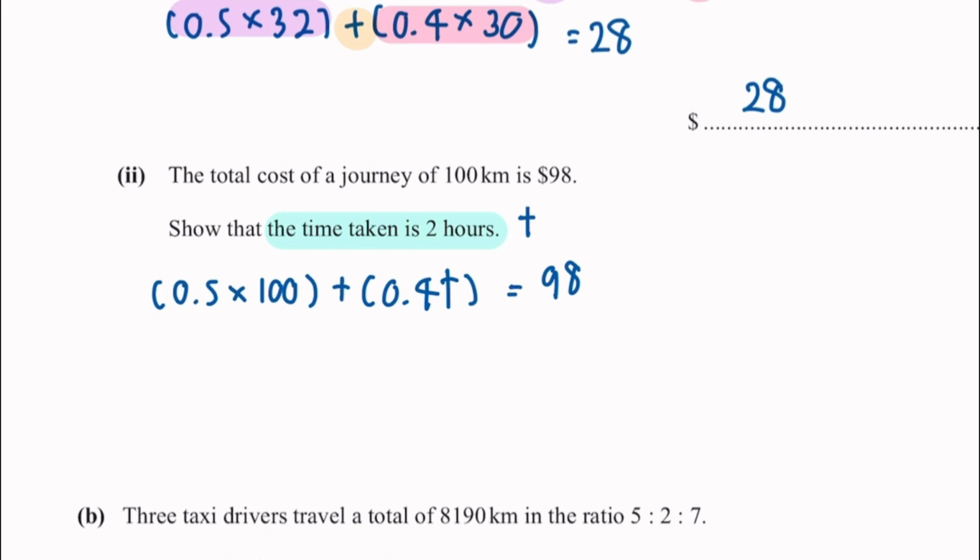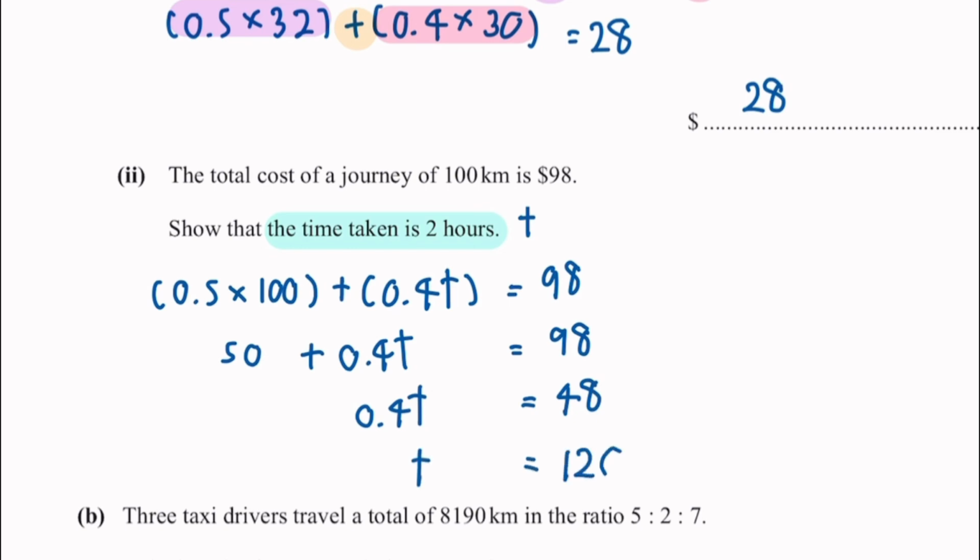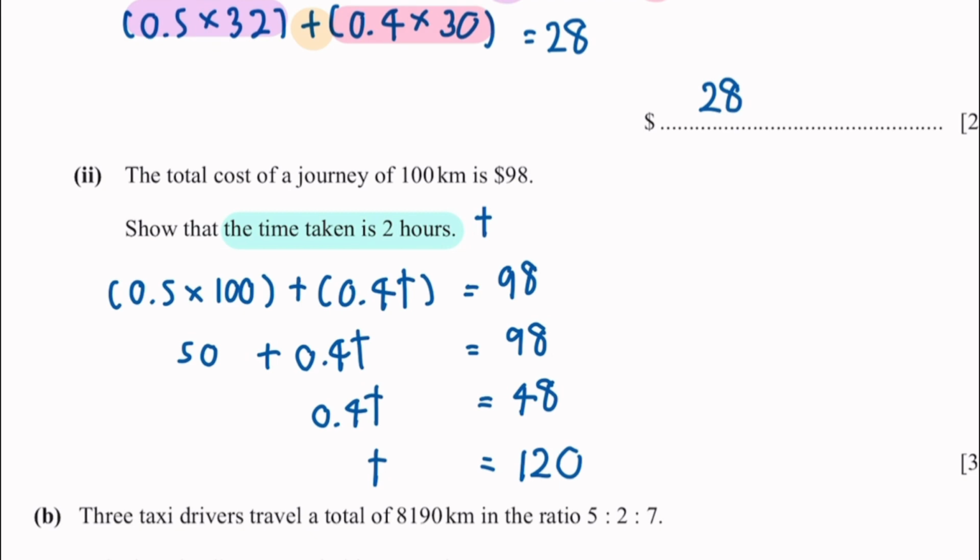0.5 multiplied by 100 equals 50. And this one is 0.4 multiplied by T. Okay, 98 minus 50 is 48, and T equals 120, but T is in minutes, and you have to convert minutes to hours.